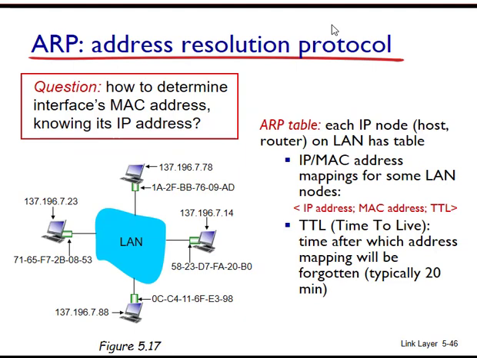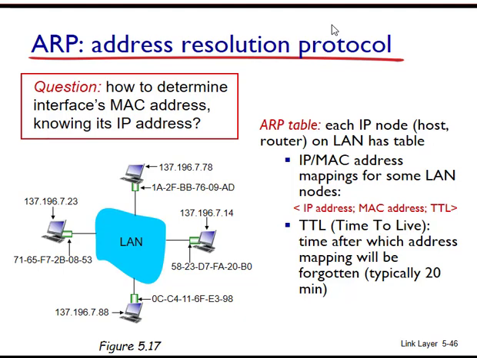Because there are both network layer addresses, IP addresses, and link layer addresses, MAC addresses, there is a need to translate between them. For the Internet, this is the job of the Address Resolution Protocol, ARP.